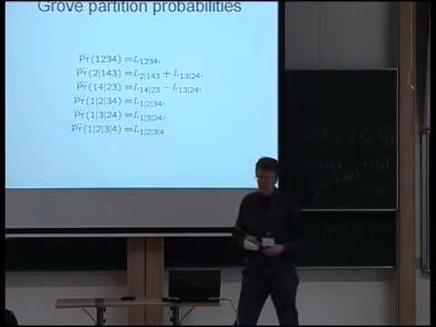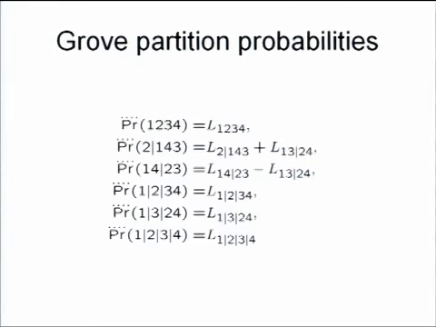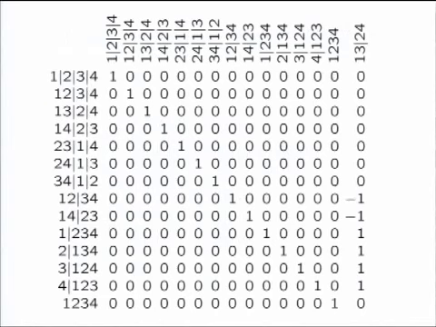Okay, so on 4 nodes, in terms of these L sub taus, these are the grove connection probabilities. They always turn out to be a linear combination of the L sub taus, and we'll see why in a moment.